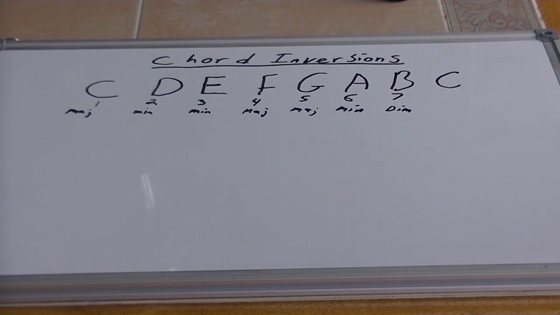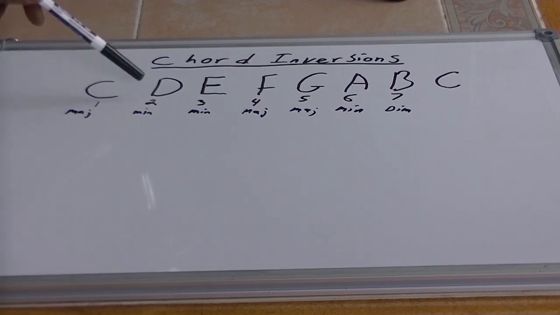So we're going to study chord inversions, and as you can see here, I have a C major scale written out, a 1-octave C major scale, and as I pretty much always do, I have the notes of the scale numbered for any of you who may not be familiar with using numbers.